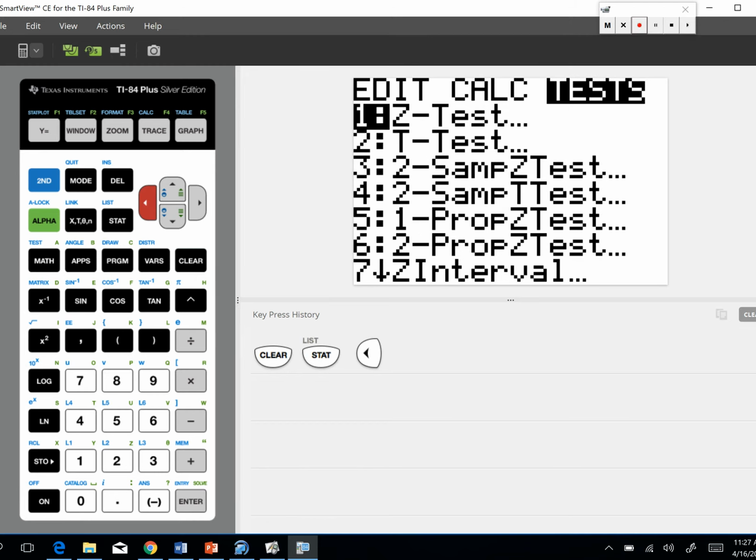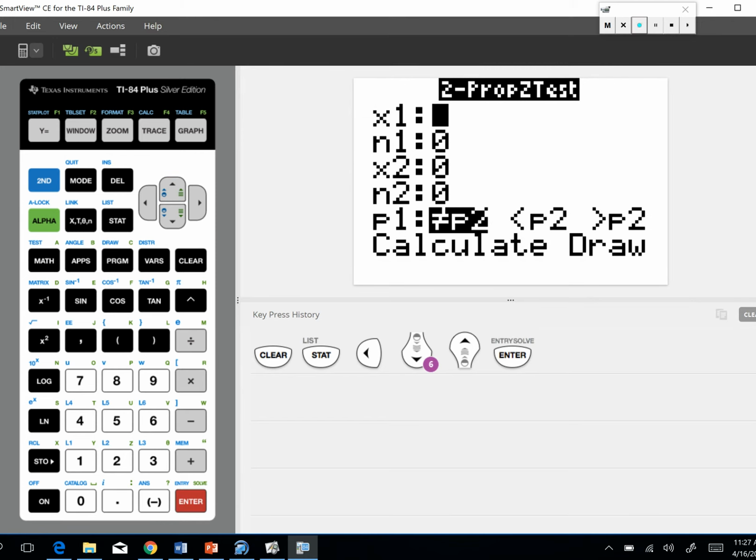Stat and tests. If you want the hypothesis test we did, we need the 2 proportion z-test. This is for the hypothesis test piece. Now, when you enter these in, here's where you have to be careful. I know some of you ran into this issue last unit because the setup was very similar in the calculator where we just had a single proportion. The x1 is your number of successes for that first sample, or actually the actual number of items in your first sample that have the characteristic we're looking for.